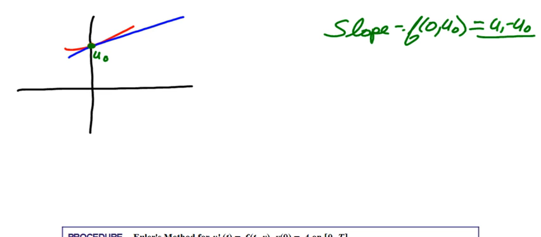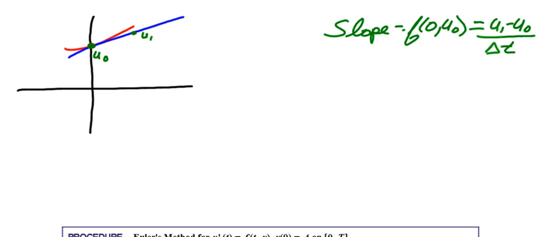So I'm trying to get some point here, maybe we'll call u sub 1. And then I'm going to have that difference of y's over the differences in the t's. But in this case, I'm going to call it delta t.